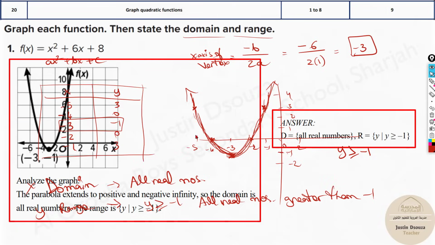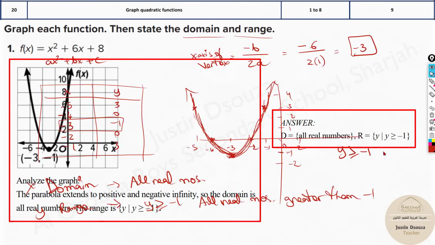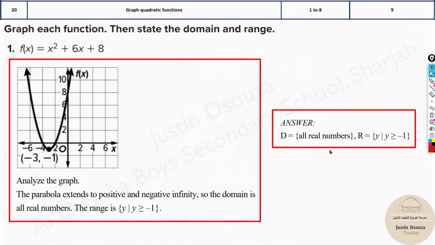Some part is below, everything is almost right. And over here, domain is all real numbers, whereas range, see now I told over here y is greater than or equal to -1. It can be written like this as well. It's the same thing. It's up to you. So in the written exam, whatever you write, write it properly. It's fine. You'll get full marks.